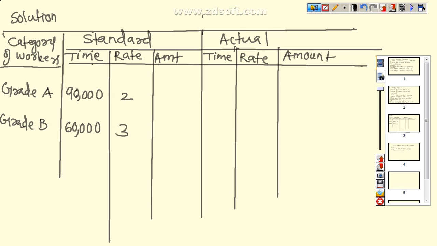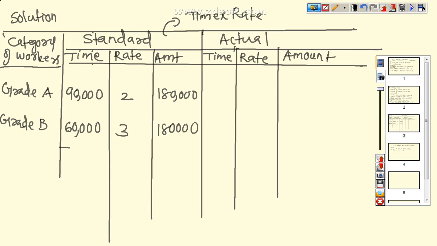To calculate amount, amount is equal to time multiplied by rate. That is 90,000 into 2 is equal to 1,80,000, and 60,000 into 3 is equal to 1,80,000.